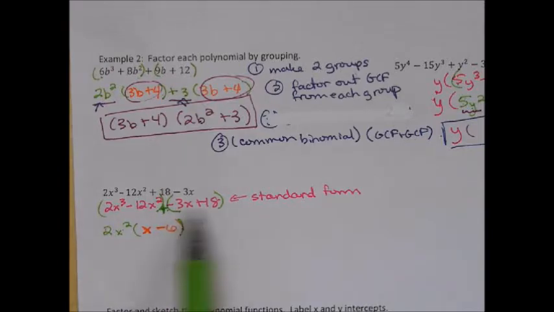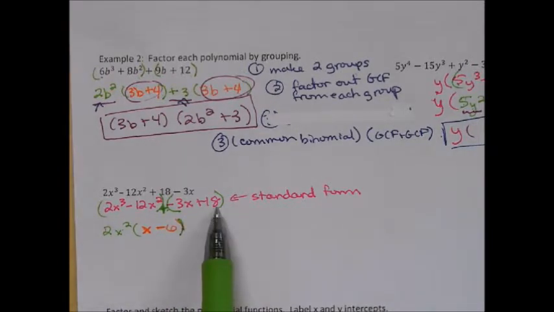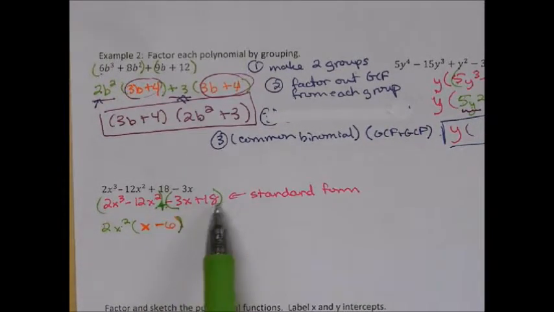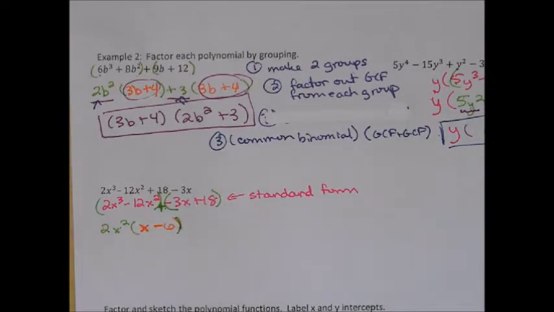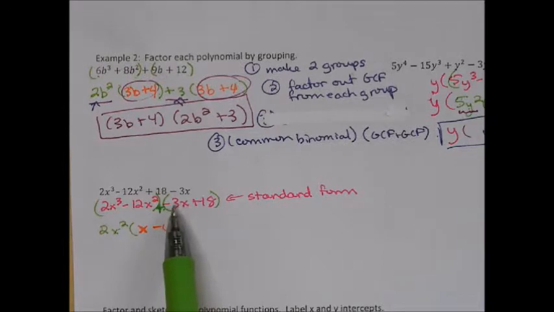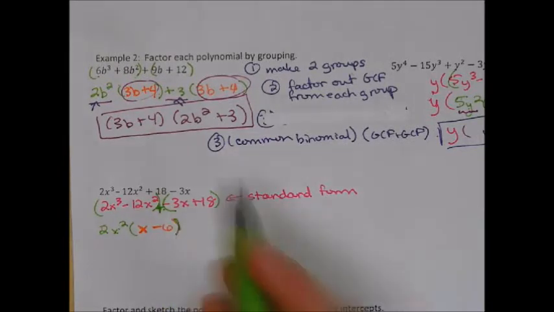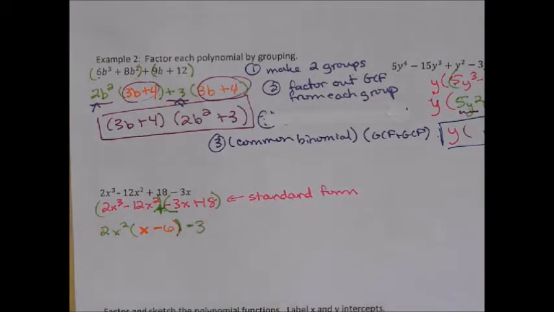I look here, what's my GCF here? 3 and 18, my GCF is going to be 3. But if I take out a 3, I'm going to have a negative x and a positive 6. I want a positive for my first term, but I have a negative. So what I'm going to do is take out negative 3.